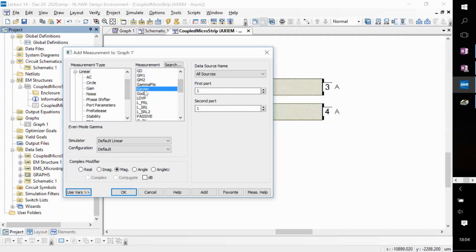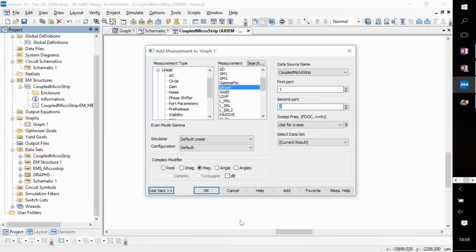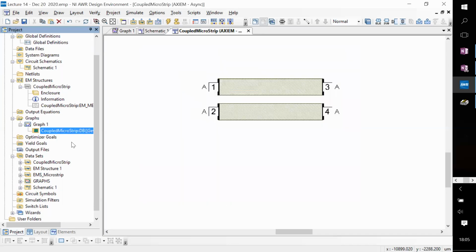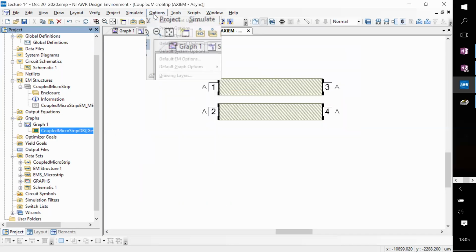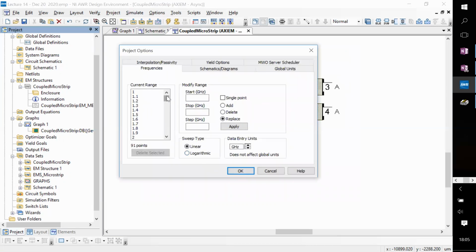And because this by definition requires 2 ports, it gives you the choice to select 2 ports. Even though you're measuring a single port quantity from one side, you have to set up which 2 ports you are talking about, right? So that would be 1 and 2. And let's look at the magnitude in dB of that. Right? I haven't played with these measurements in a while, so it'll be interesting to see.